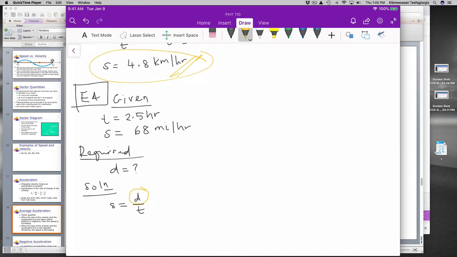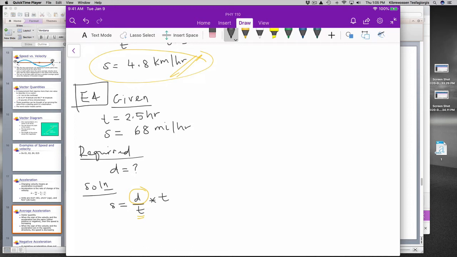So you need to isolate it from the equation. That d, distance, has to be by itself. But in this particular case, distance has time with it. So you will want to eliminate the time and make this free from time. How do you do that? You multiply it by t, so that it goes away.